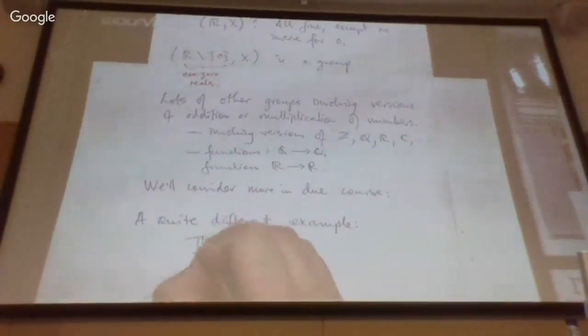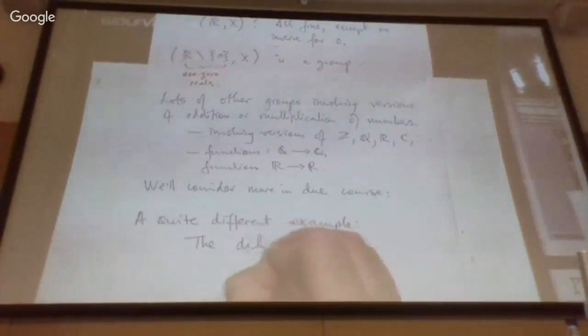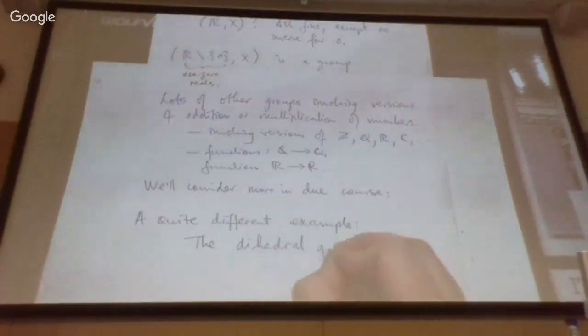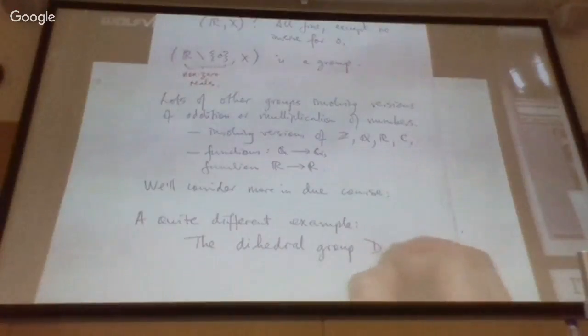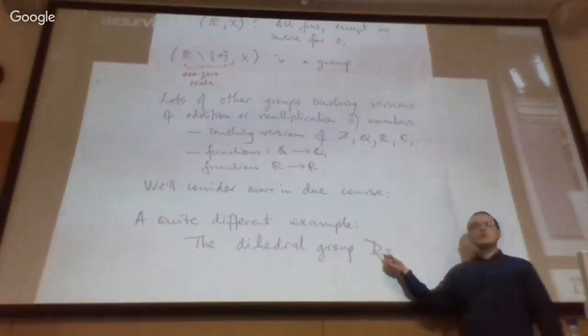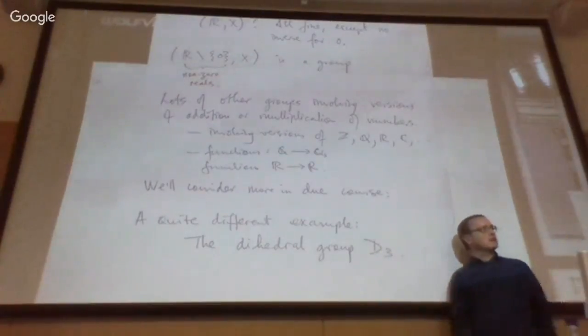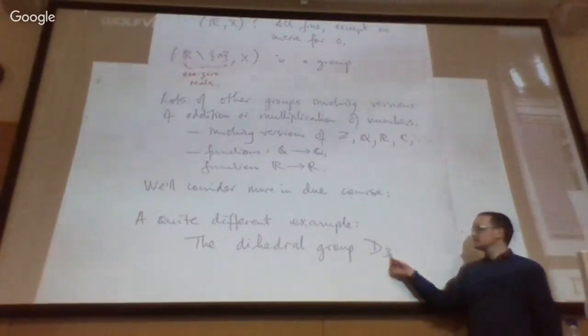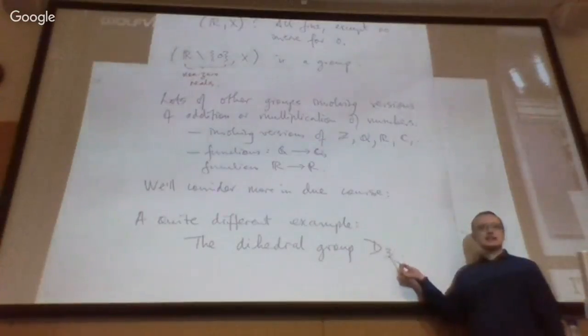So this has got a fancy name. It's called the dihedral group D3. And it's not that surprising that this is just one example from a large family of dihedral groups, where you can increase this index.